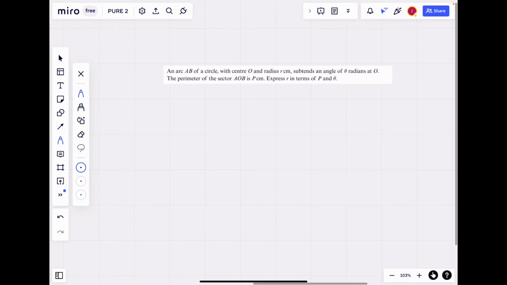If you're confused, fair enough. I would be confused too. So let me break it down for you. You always want to draw when you can. So let's draw our sector. With the center O and the point A, B. We've been told the radius is just r.